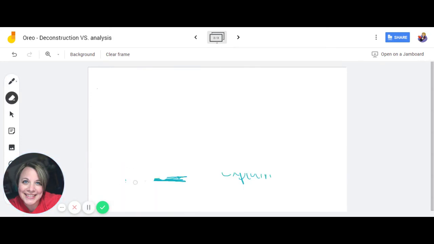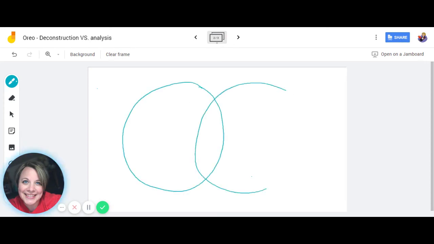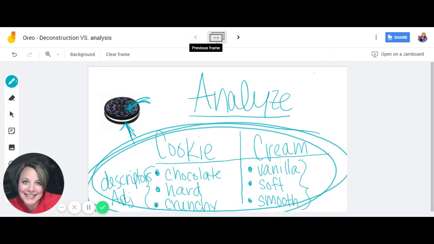Now, I can take my analysis a step further, and there's lots and lots of ways that you can organize your analysis. But we're going to take this a step farther in a way that you are familiar. We can get a good old Venn diagram going. And I could put cookie here, I could put cream here. Okay? But what you'll notice is that look at these descriptors. Chocolate and vanilla are opposites. Soft and hard, opposites.